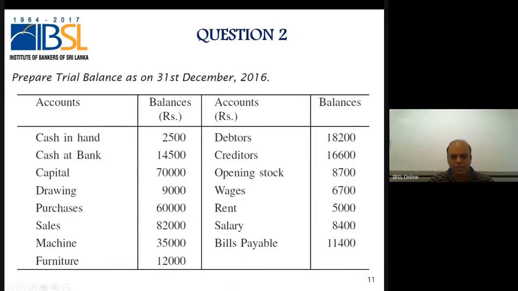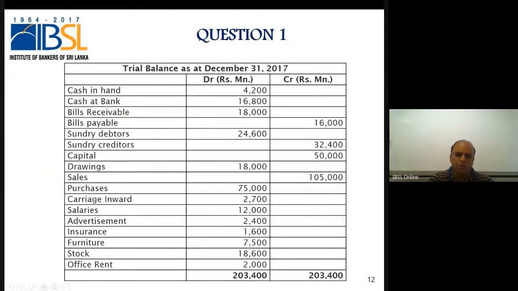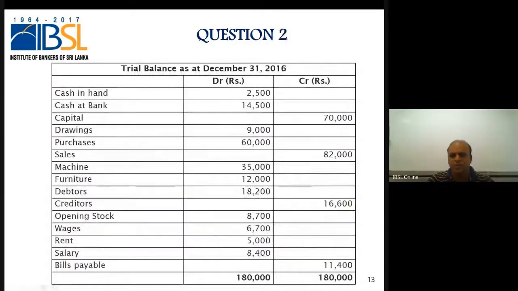Creditors is a liability. Opening stock is an asset. Wages is an expense. Rent is an expense. Salaries is an expense. And bills payable is a liability. So accordingly, when you put it together, you should get 180,000 as your trial balance.